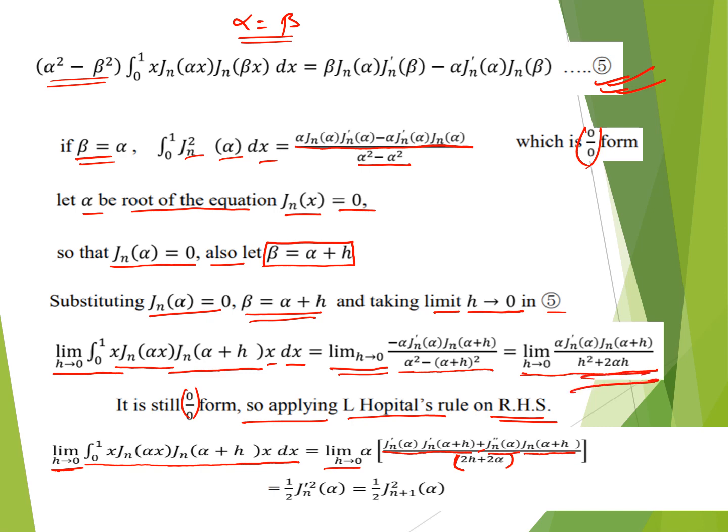Now we get the value equal to 1 by 2 Jn dash alpha square, that is equal to 1 by 2 Jn plus 1 square alpha, as per the proof.